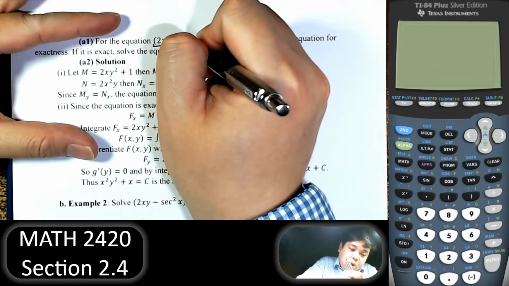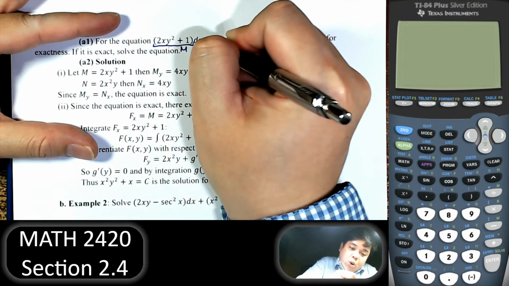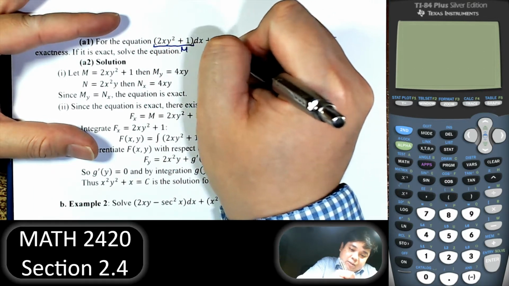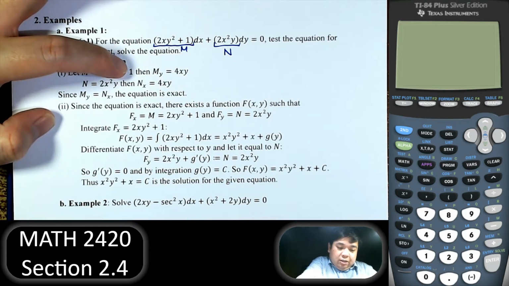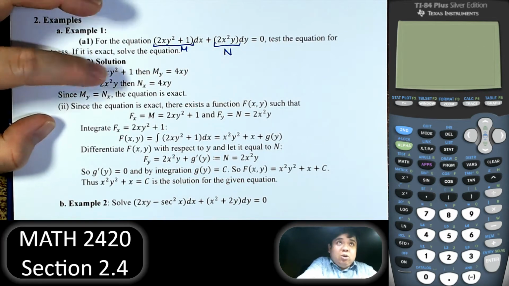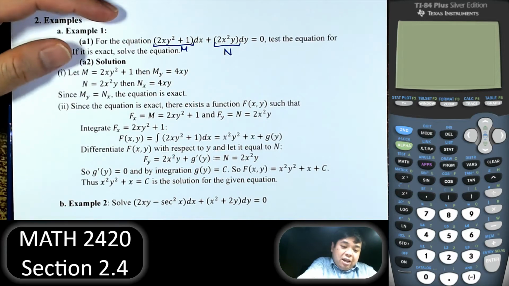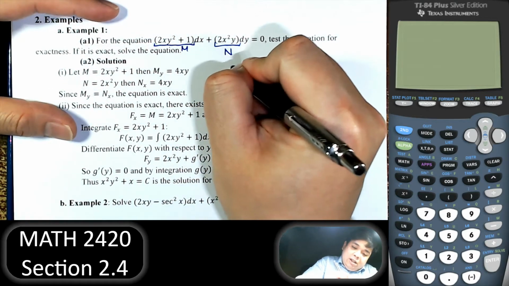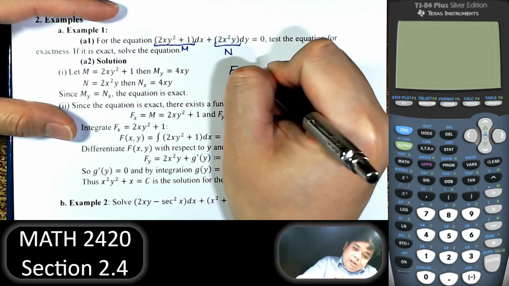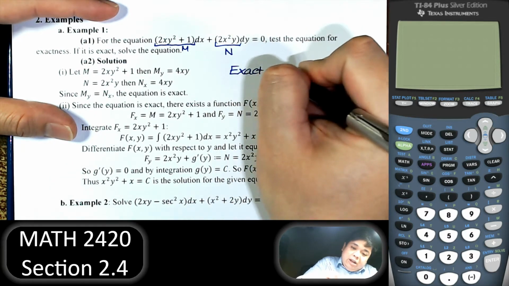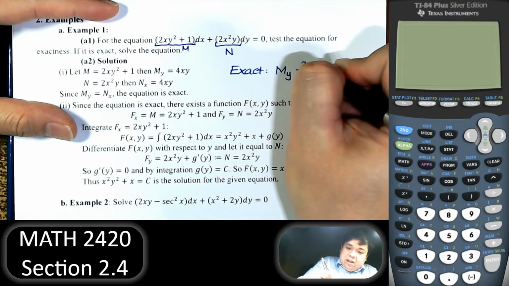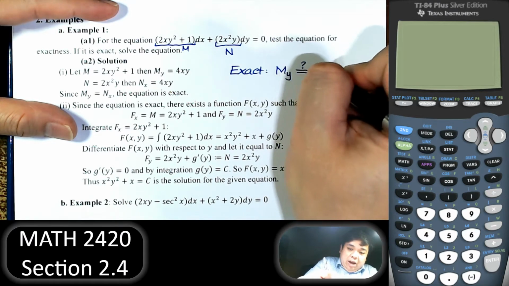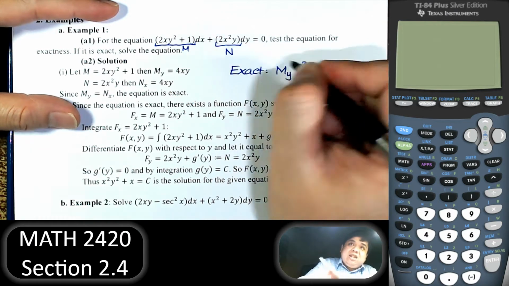Of course, the one that goes with the x is M, and the one that goes with the y is N. So we have M equal to that, and N is equal to that. To test if it's exact, we test to see if the derivative of M with respect to y is the same as the derivative of N with respect to x.